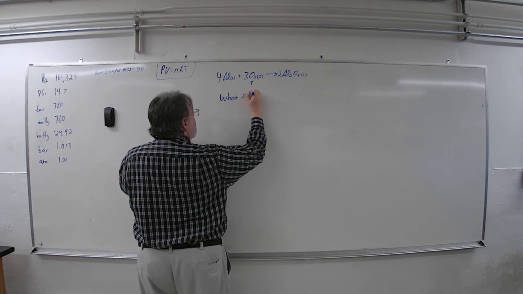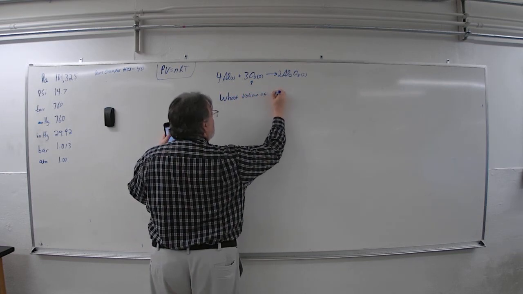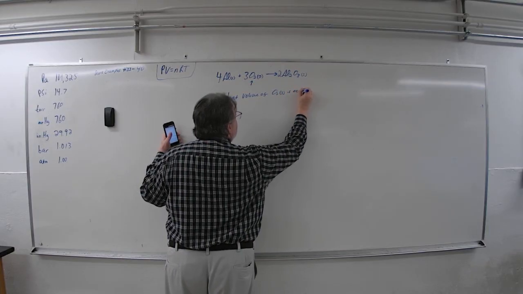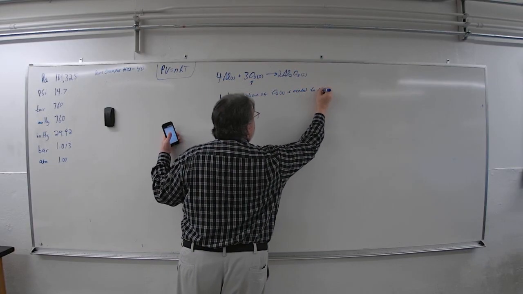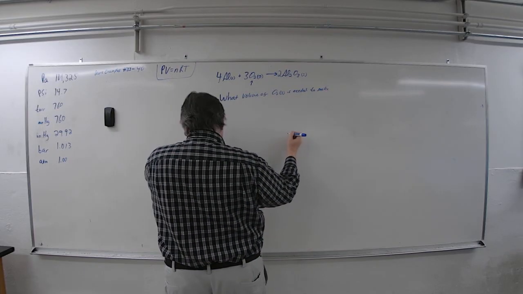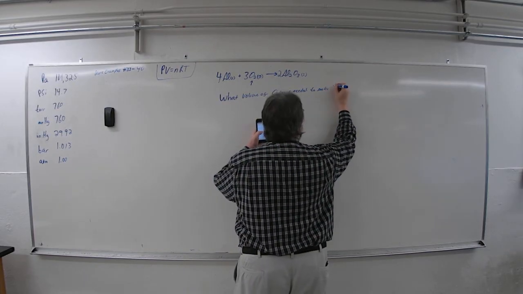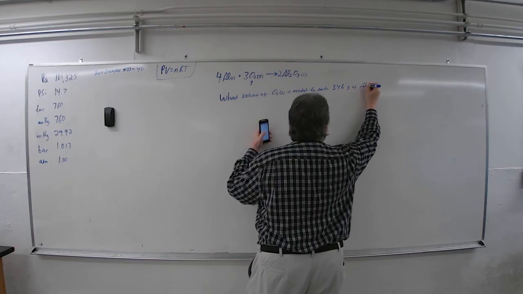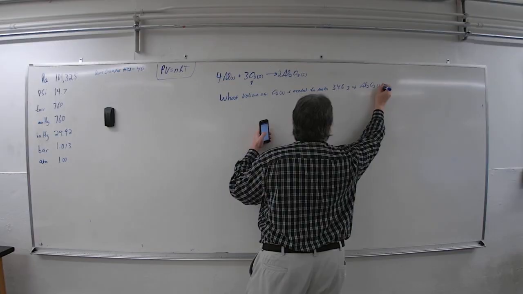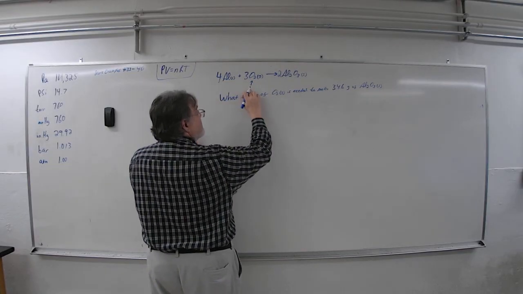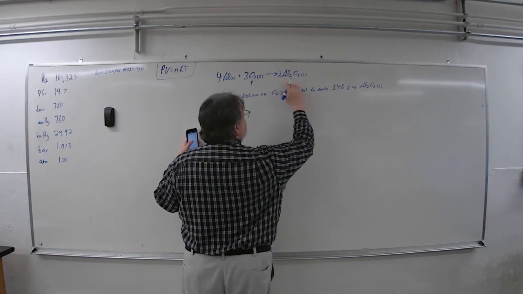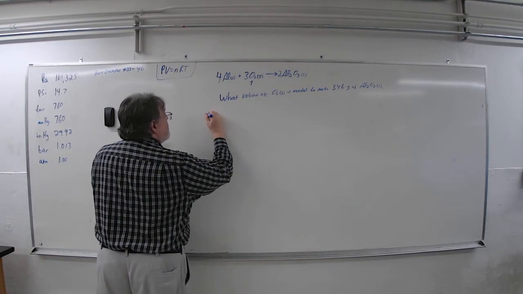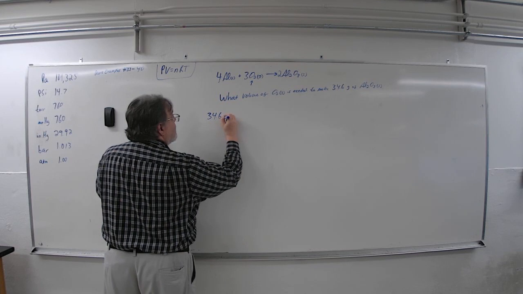So working with this gas O2, the question is, what volume of this is needed to make 34.6 grams of this?